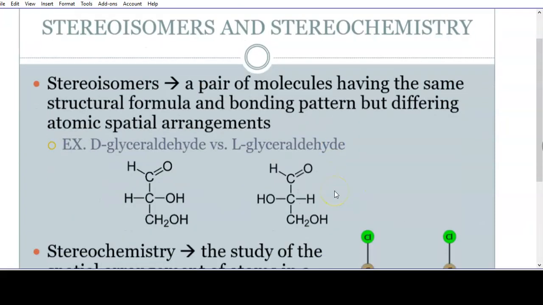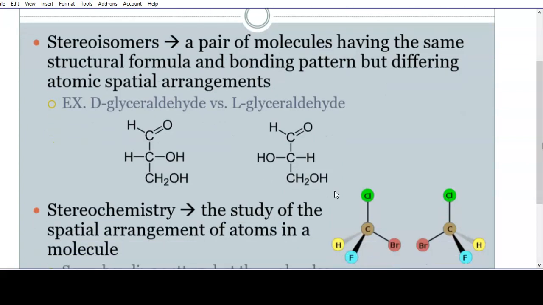So stereoisomers are a pair of molecules having the same structural formula and bonding pattern, but differing in their atomic spatial arrangements. Okay, so I'll put another example here. Again, you're looking at the OH group that is the furthest away from the aldehyde or the ketone that is on a chiral carbon.